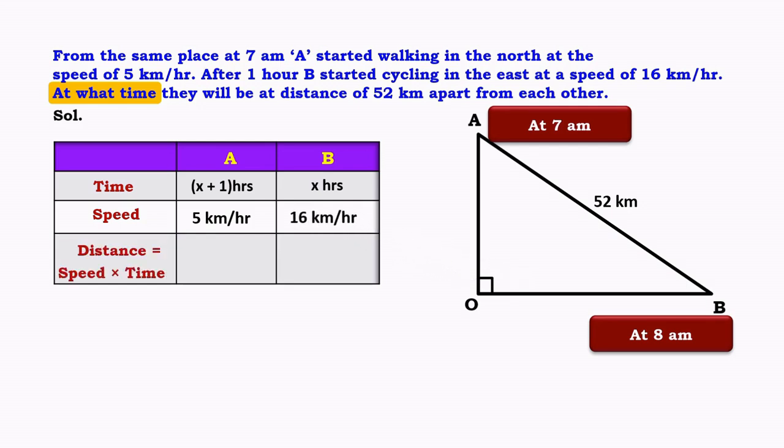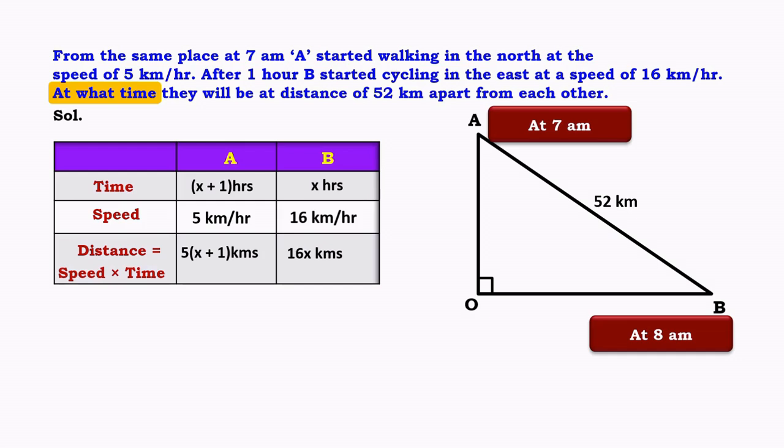Now, let's complete the table. The time taken by A is X plus 1 hours, and the time taken by B is X hours. The speed of A is 5 kilometers per hour, and the speed of B is 16 kilometers per hour. Using the formula distance equals speed multiplied by time, the distance covered by A is 5 multiplied by X plus 1 kilometers.